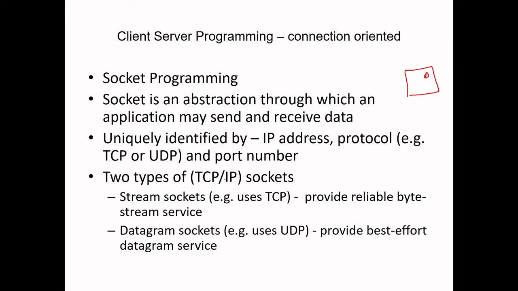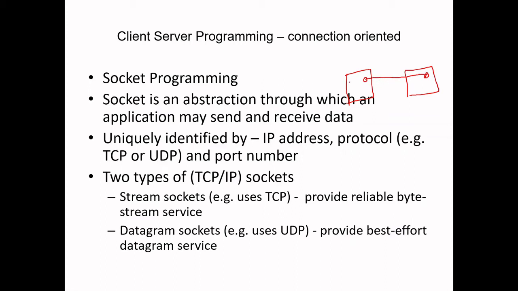Sockets are an abstraction defined by the underlying operating system so that programmers can use these facilities using system calls. Two categories of sockets are there. You have stream sockets, which use TCP. They provide a reliable byte stream service, which means that at the two ends you have to create two sockets and create a connection.